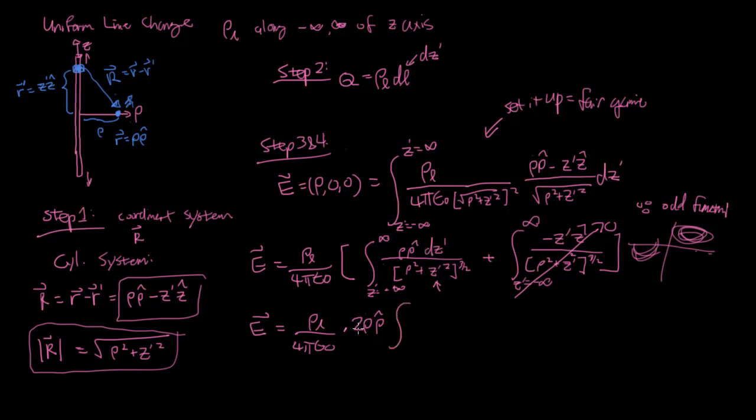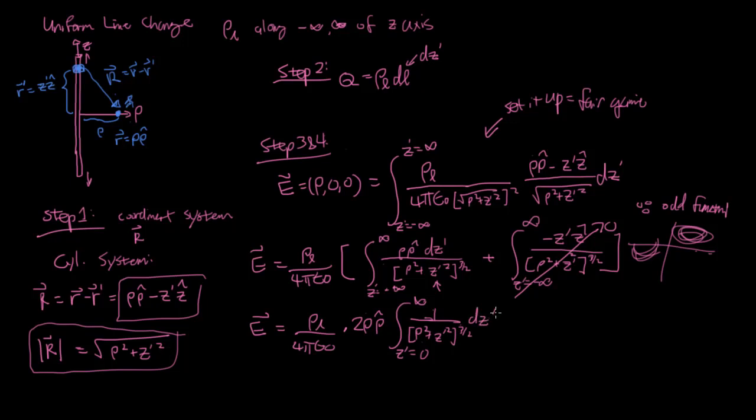And we're going to change this to 2 times the integral from z prime equals 0 to infinity of 1 over square root rho squared plus z prime squared, or, clean up the bottom, should be to the 3/2 power. So we still have our rho squared plus z prime squared to the 3/2 dz prime.